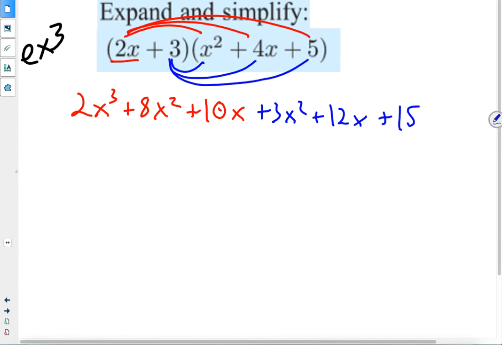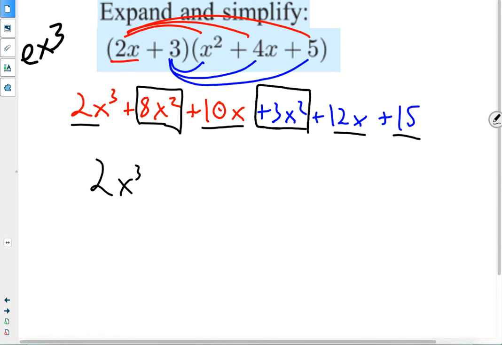Okay, I can check for validity here by saying I got 1, 2, 3, 4, 5, 6 terms there. Now I'm going to collect my like terms, writing in highest degree first. I get 2x cubed. I notice my x squareds. I got 1 here and 1 here. So I'm going to collect those. 8 plus 3 is going to be 11x squared.